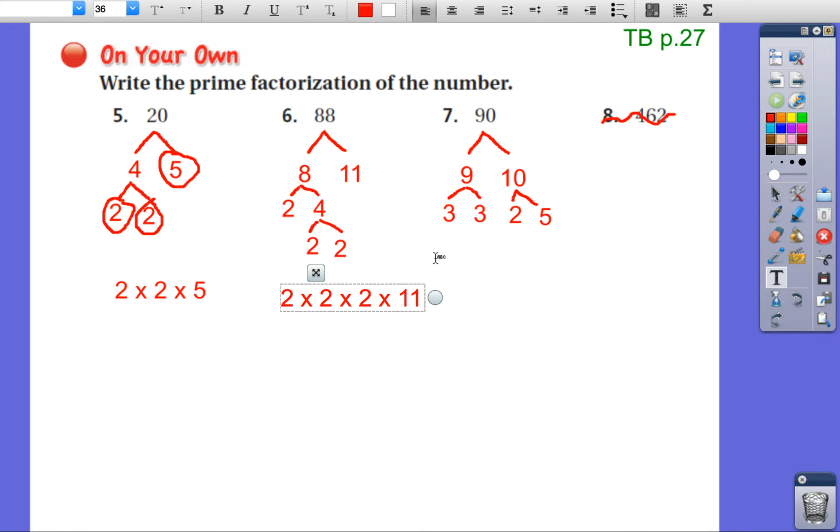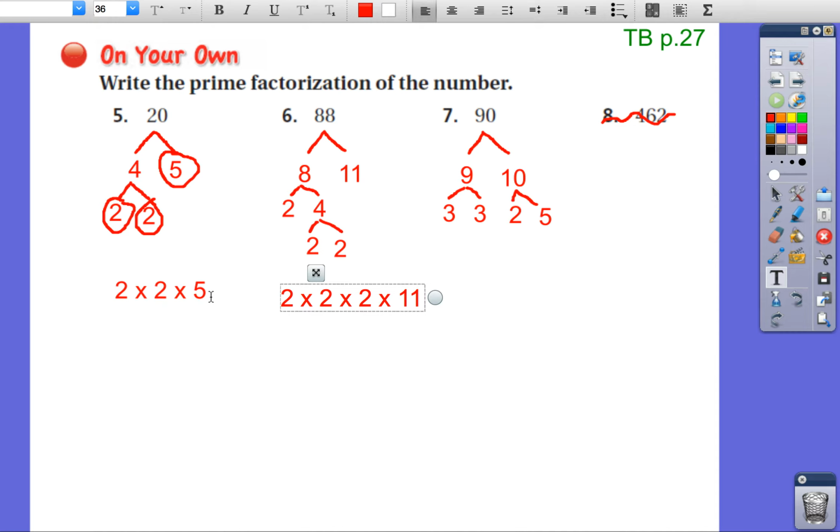Now, one thing I want to point out is the prime factorization for all numbers is unique to that number. There is no other number, for example, number 20, the prime factorization is 2 times 2 times 5. There is no other number that has that same set of numbers for the prime factorization.